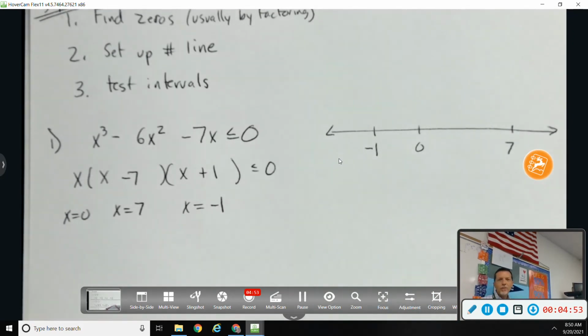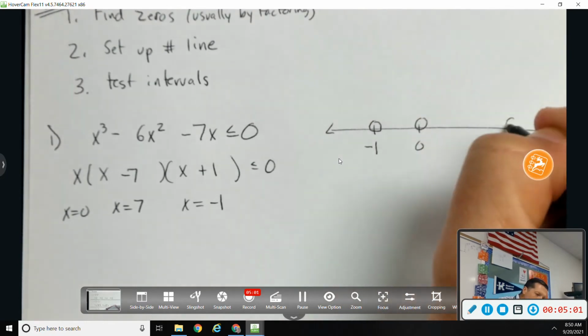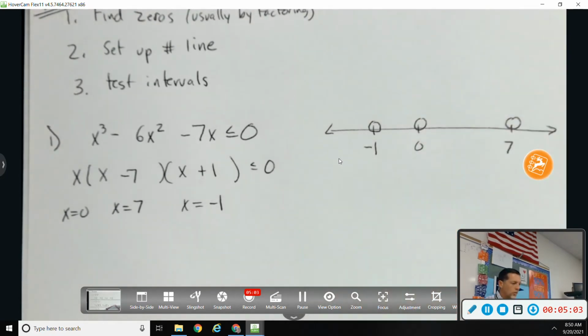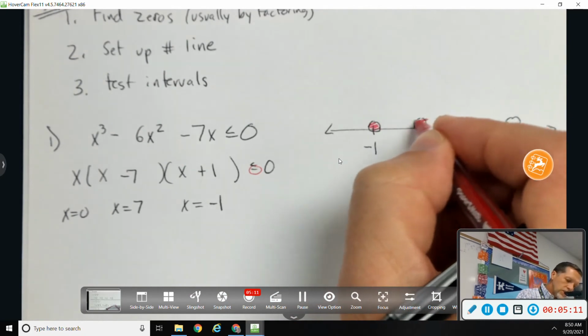This is just to help us visualize the answer. All right, at those places, are those going to be open circles or closed circles? Why closed? It's equal to, so we want to have closed circles.